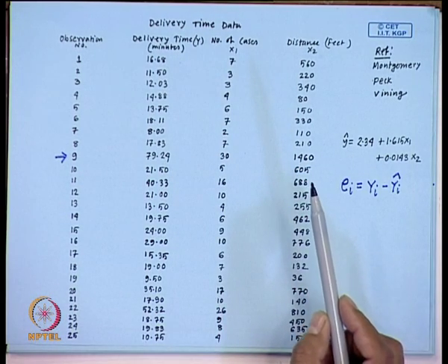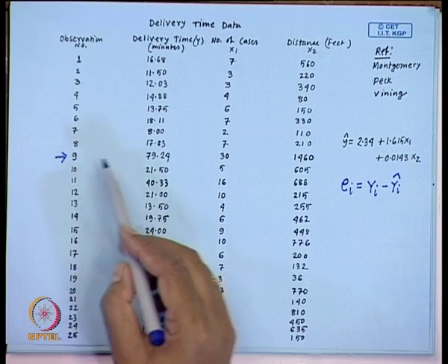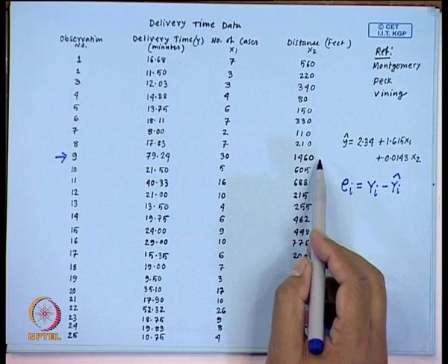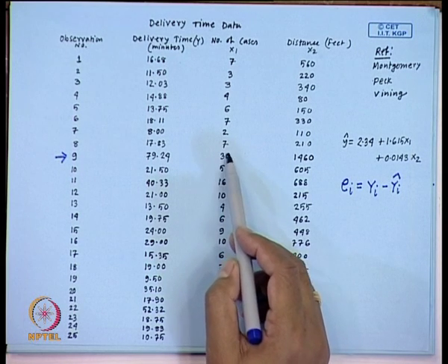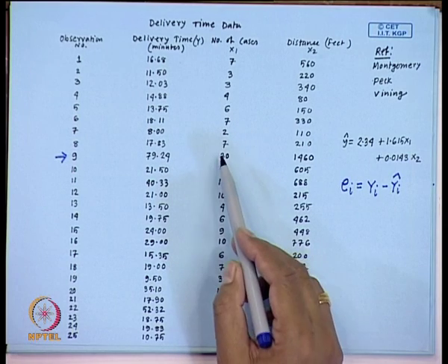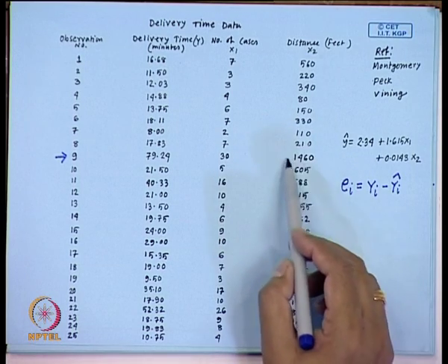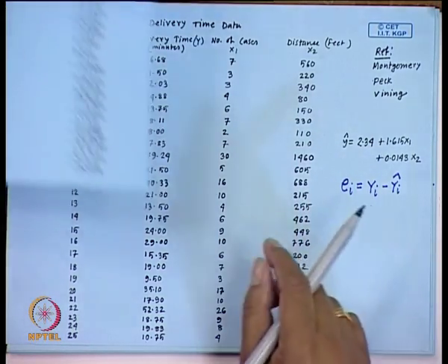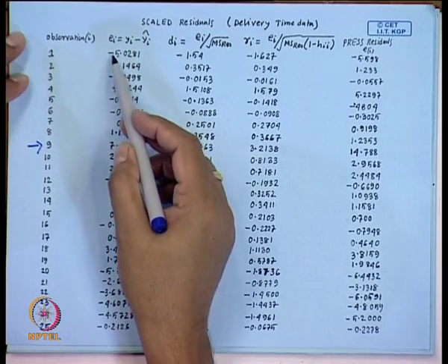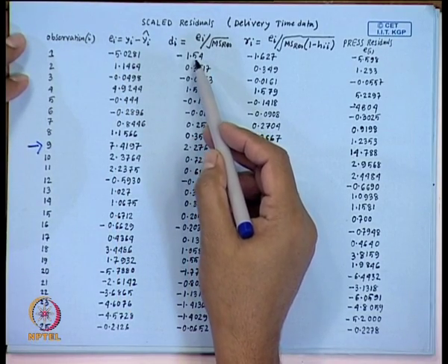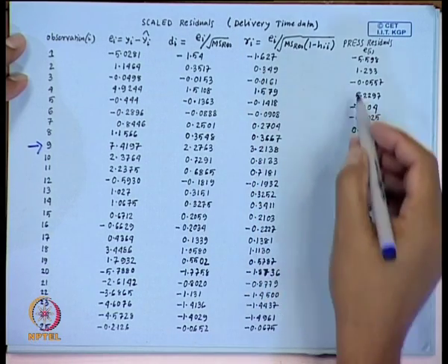We suspect that it is likely that the ninth observation is an influential observation, or at least a leverage point, because the x1 coordinate is much larger compared to the center of x1, and similarly the x2 value is much larger. And here is the regular residual, this is the standardized residual, this is the studentized residual, and this is the PRESS residual. Okay.